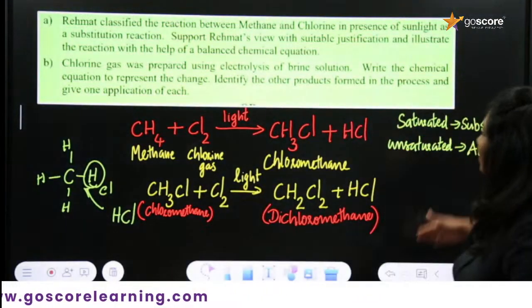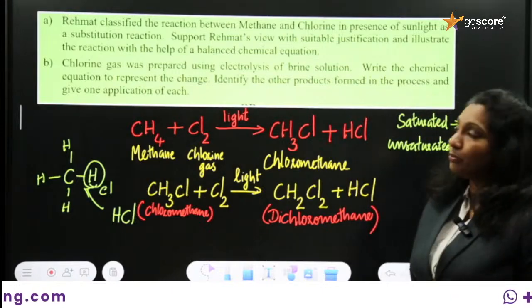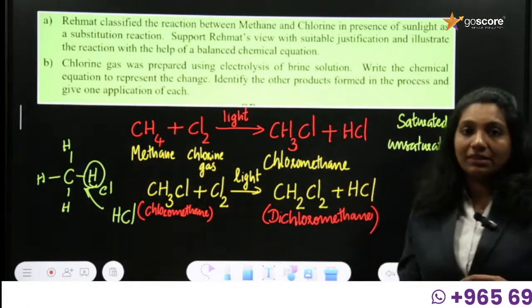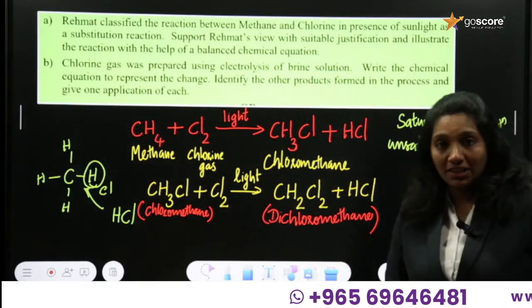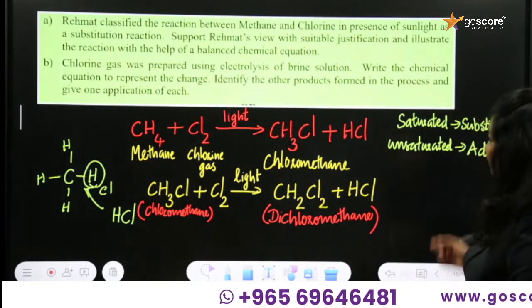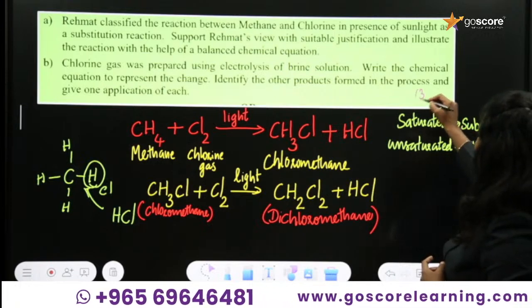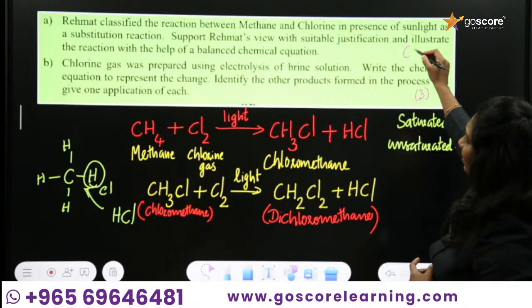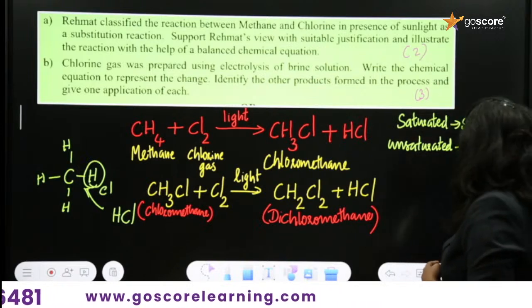So for this question, you have to write the chemical equation for the chloralkali process, identify the other product formed, and mention the application of each one. Okay. So this will carry 3 marks, and this will be 2 marks. Okay, that's together a 5-mark question.